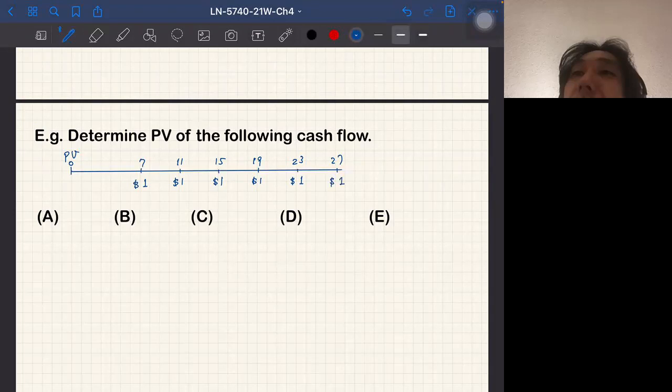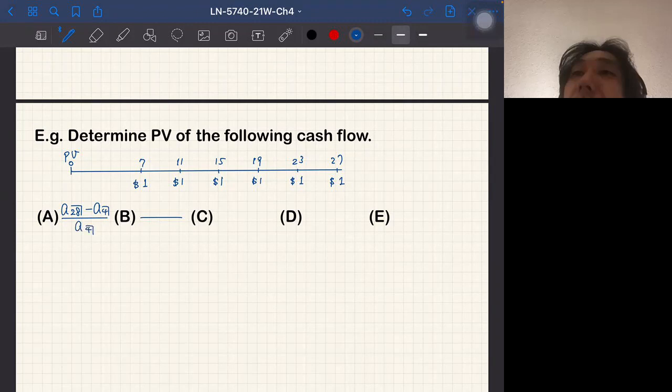Certainly it's slightly less than $6 if i is positive. We want to evaluate this, but we only have the general form, and we have 5 choices in the exam. A: PV is equal to a angle 28 minus a angle 4, divided by a angle 4.